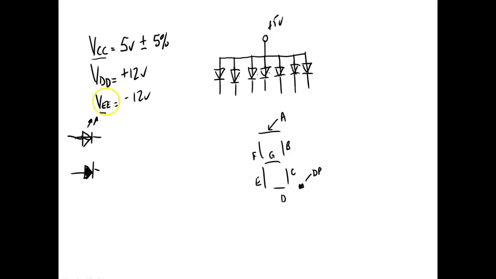VEE is, I'm sorry, I got that wrong. I'm sorry, VEE is right. And then we got a term called VSS, and this right here is your common. And these all come from the power supplies on solid state devices. These are terms we use for power. So normally if you see two letters that repeat themselves, these are talking about power supplies.